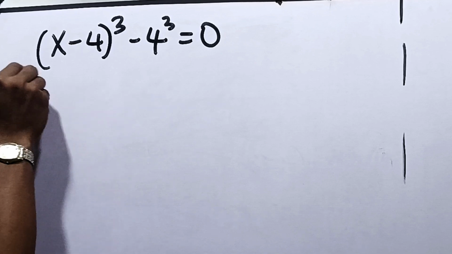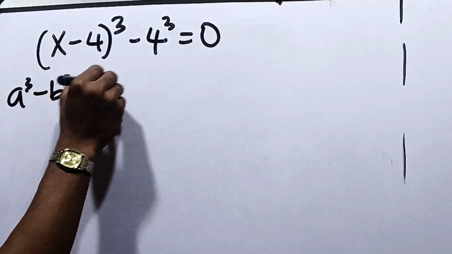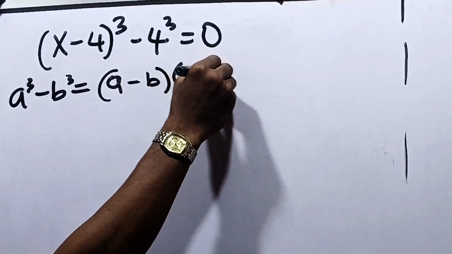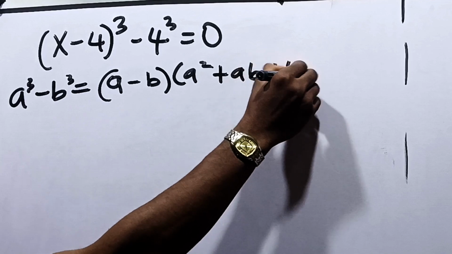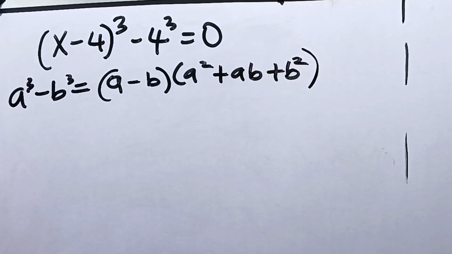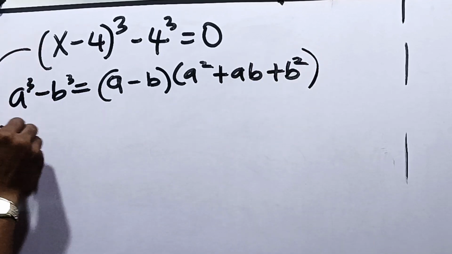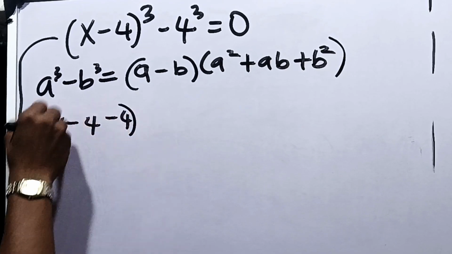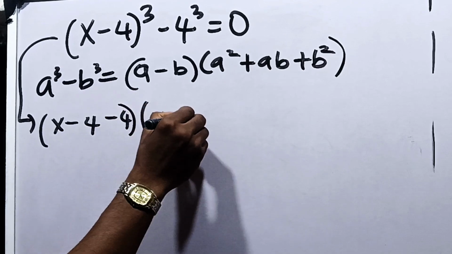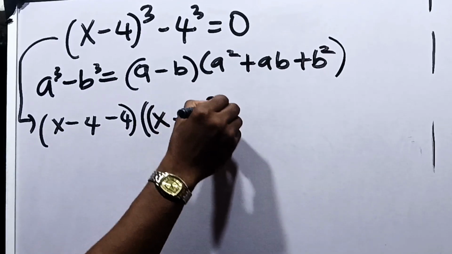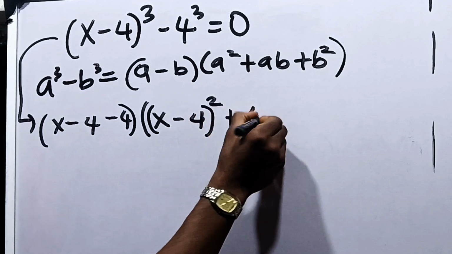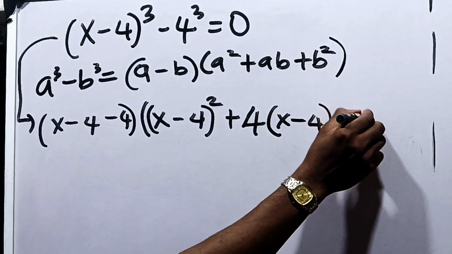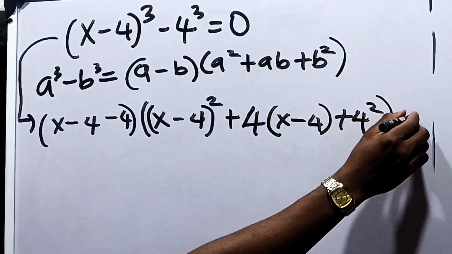So we have that a cubed minus b cubed is equal to a minus b multiplied by a squared plus ab plus b squared. And this becomes x minus 4 minus 4 multiplied by x minus 4 squared plus 4 times x minus 4 plus 4 squared is equal to 0.